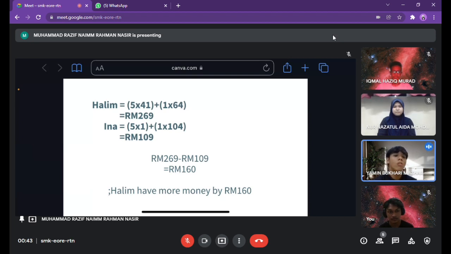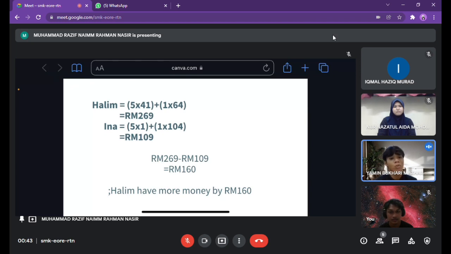Halim has 41 pieces of 5 ringgit and 64 pieces of 1 ringgit, so we multiply 5 times 41 and 1 times 64, then add the answers for 5 ringgit and 1 ringgit.